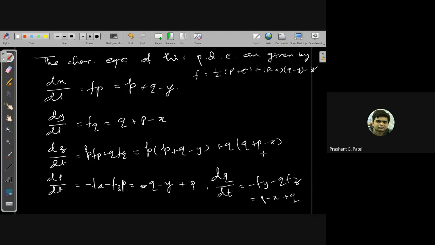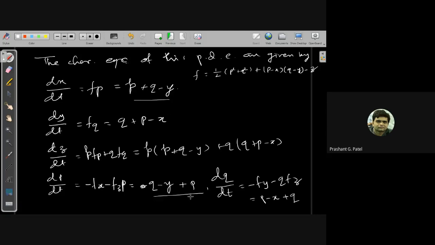Now we need to solve these 5 equations. Any suggestion from your side? You just observe what is dx by dt and dp by dt. dx by dt is this, and dp by dt is also this.